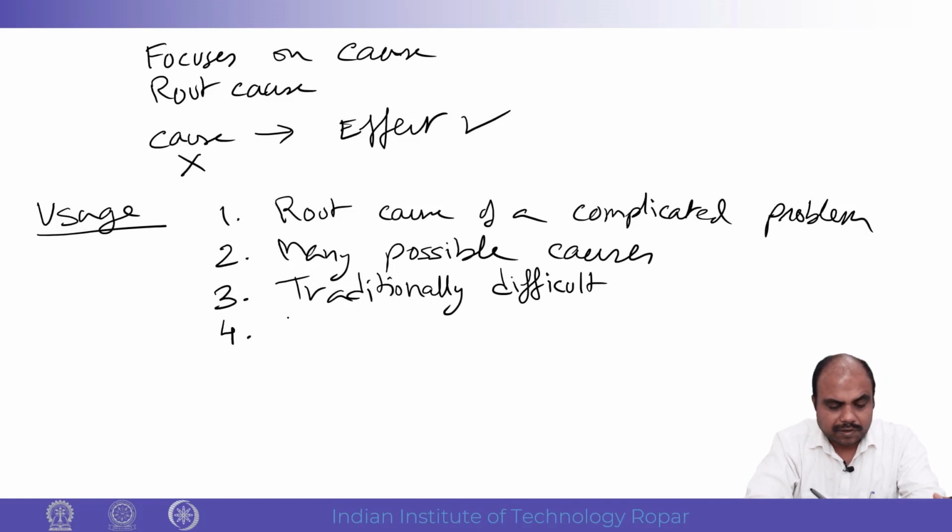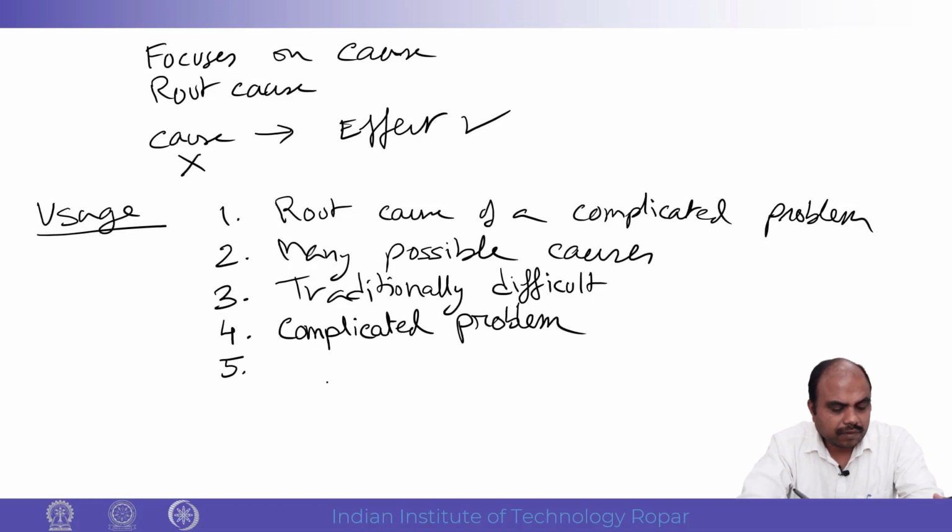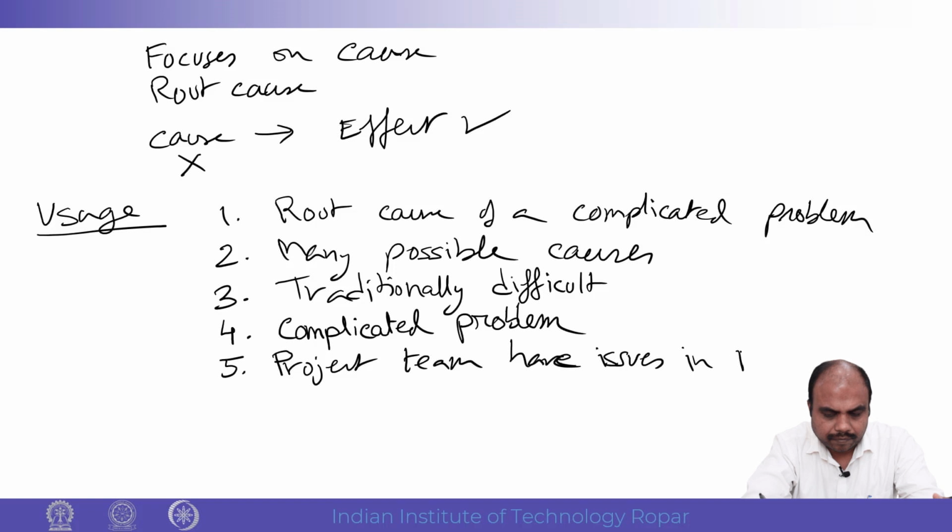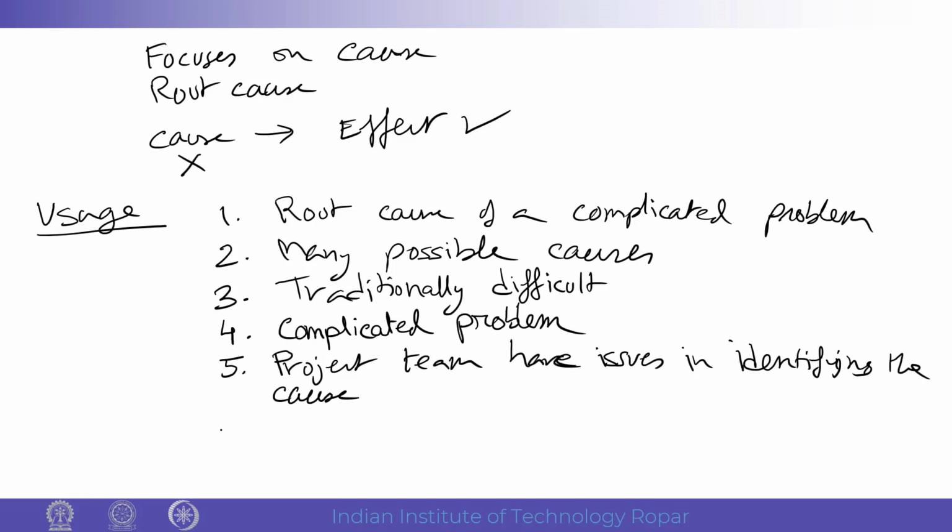With a complicated problem, the project team may have issues in identifying the problem, and there may be multiple causes and also sub causes.